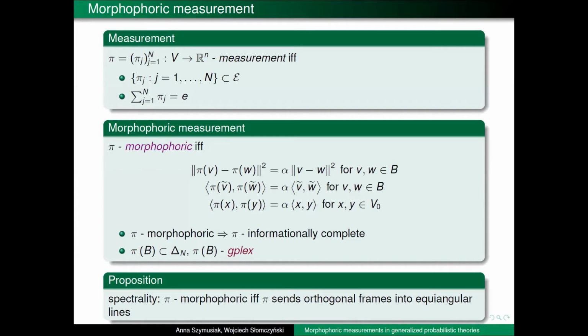This is a class of measurements, a huge class of measurements, which we identified, namely morphophoric measurements, as Anna did, as a counterpart of the SIC-POVM measurement in Qbism.